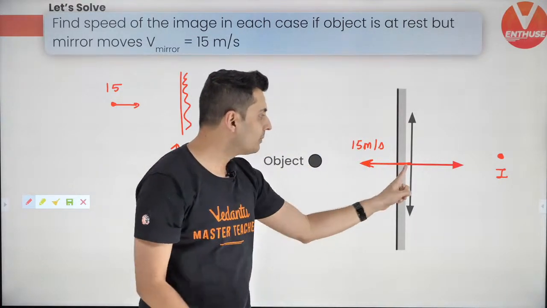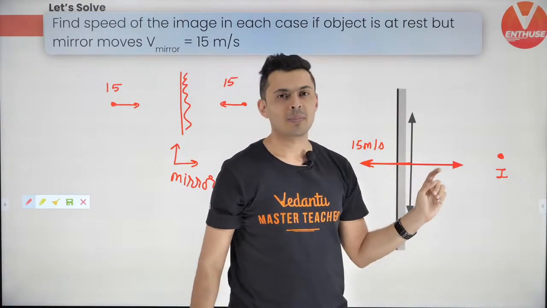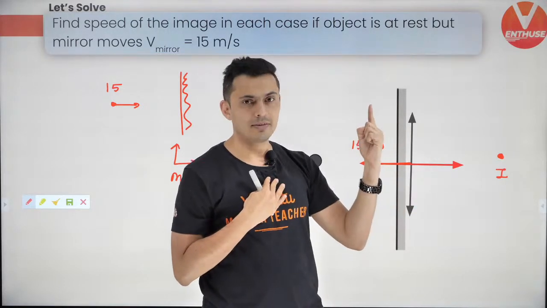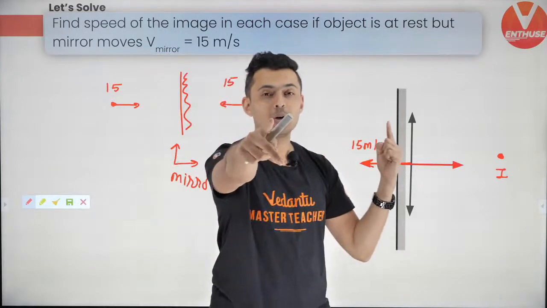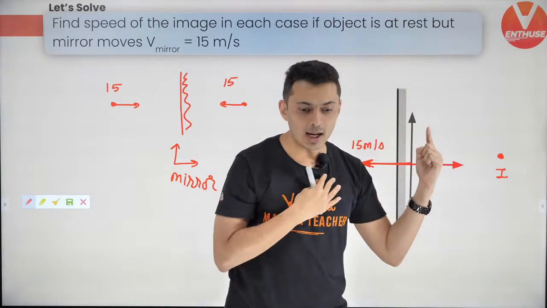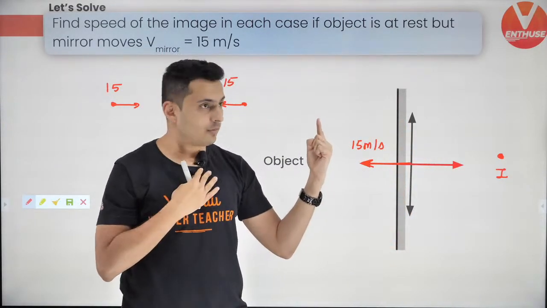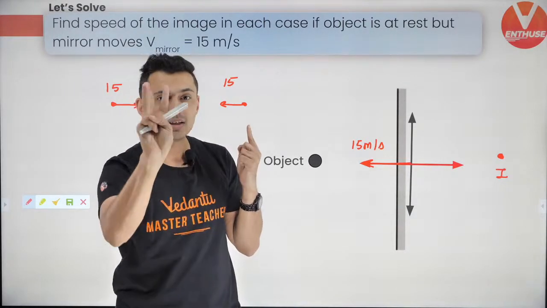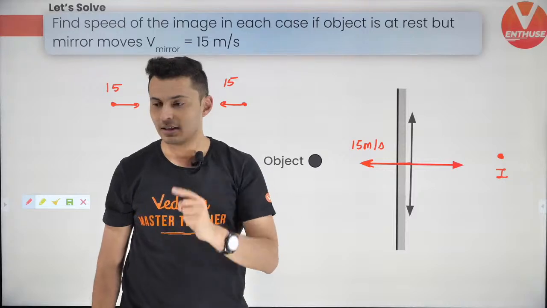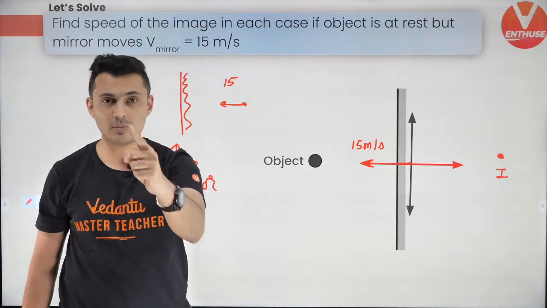But do not forget, the mirror is actually moving. For me, this is moving with 15 and I am myself moving with a speed of 15. So for you guys, think about it. If I move 15 meters and for me this moves 15 meters, for you, how much has this moved? 30. Isn't it?